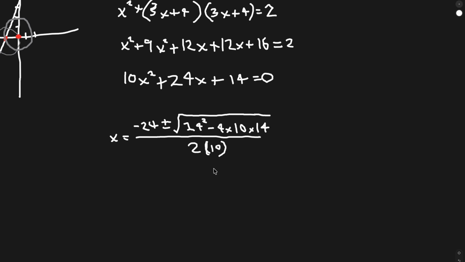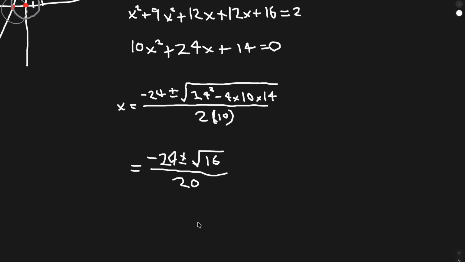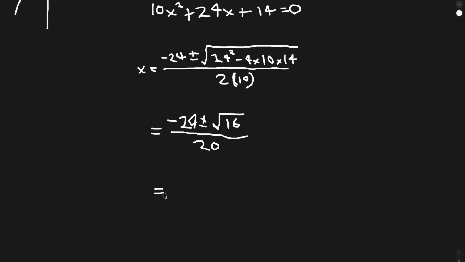So, straight into the calculator, equal to negative 24 plus or minus root of 24 squared minus 4 times 10 times 14, which gives root 16, on 2 times 10 is 20. So we can simplify that, it is equal to negative 24 plus or minus 4 on 20.